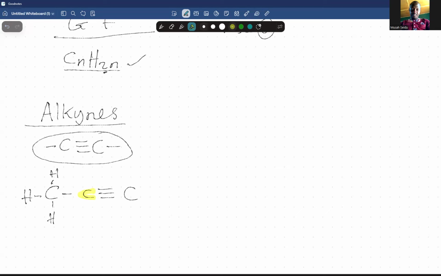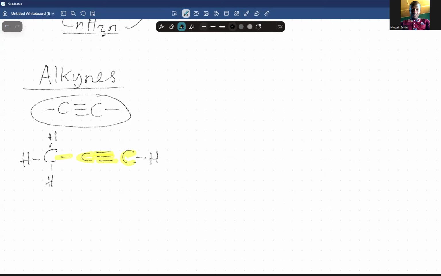Because it has 4 bonds surrounding it. It has 3 bonds here and 1 here, which makes it 4. And carbon can form the maximum of 4 bonds, so it is okay. But now this one, the last C has 3 bonds, and it needs 1 to make it okay. So therefore, we can just add 1 to any side of it to make it okay.